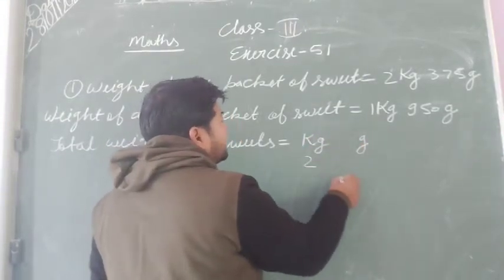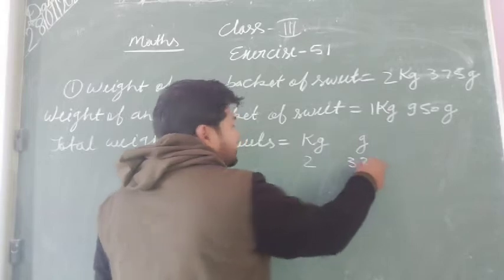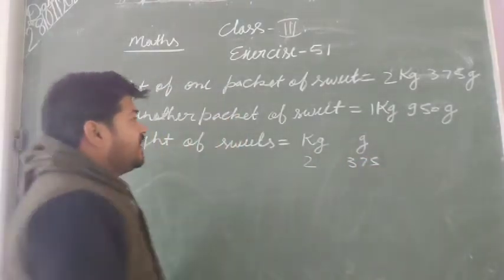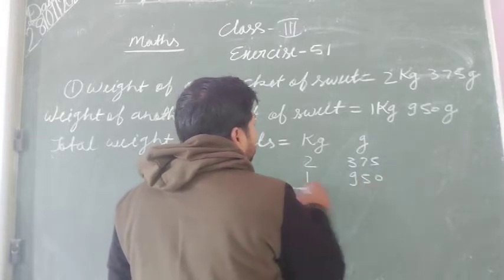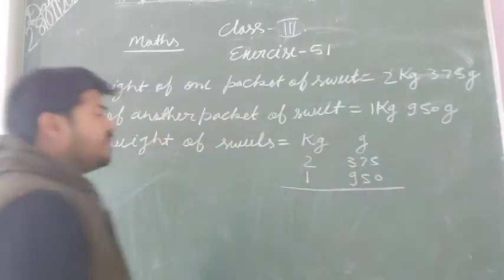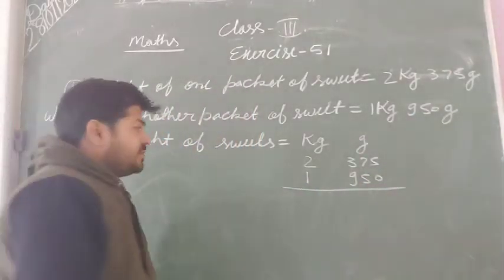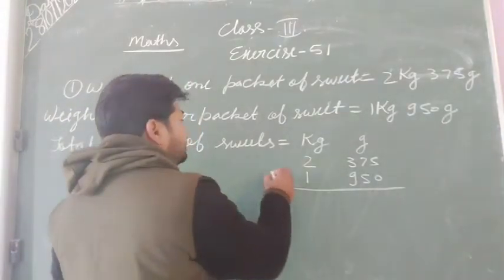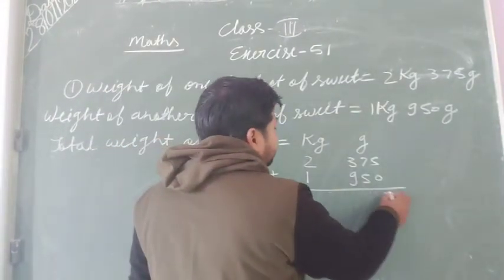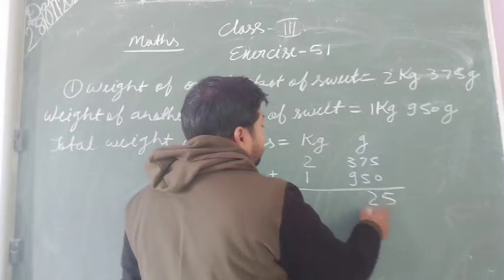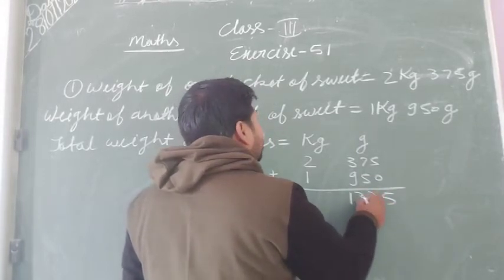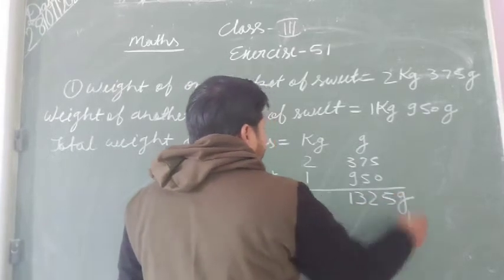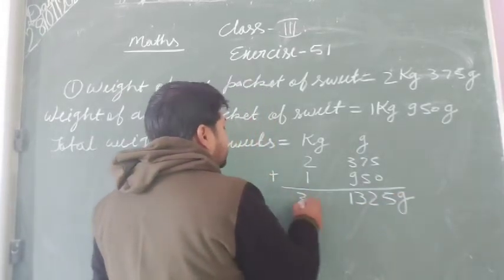So 2 kg 375 gram is here and 1 kg 950 gram. So you have to add this. 5 and 0 is 5, 7 and 5 is 12, 9 and 3 is 12, 1 and 2 is 3 kg.